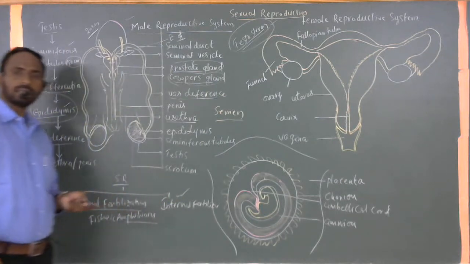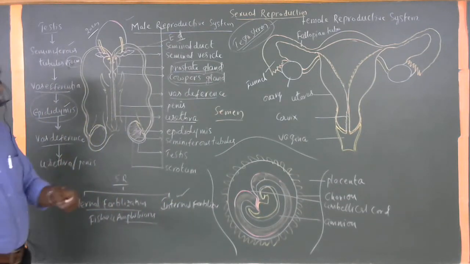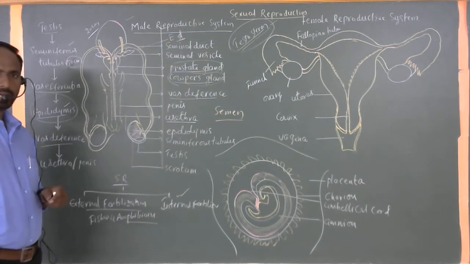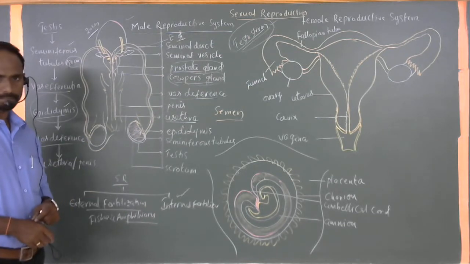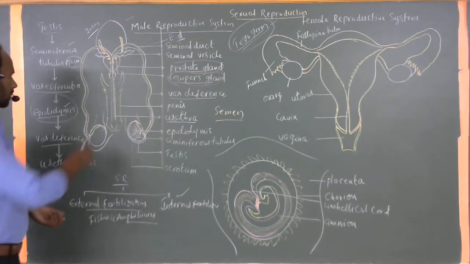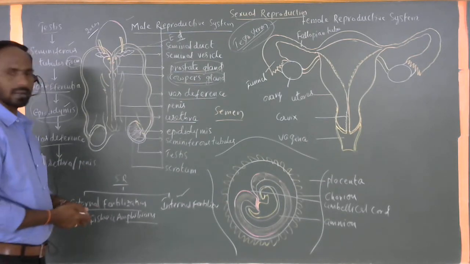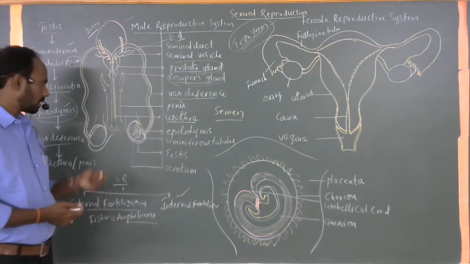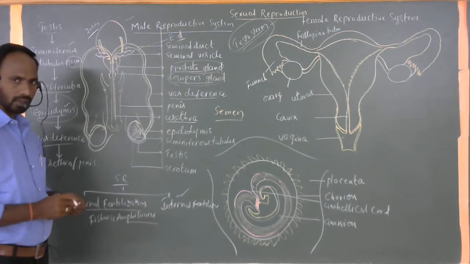Semen also provides nourishment for the sperm cells. Sperm cells get their nutrients from the semen, which is secreted and produced by these two kinds of glands. Clear? So a semi-liquid portion, commonly called the sperm, is ejaculated during every coitus.